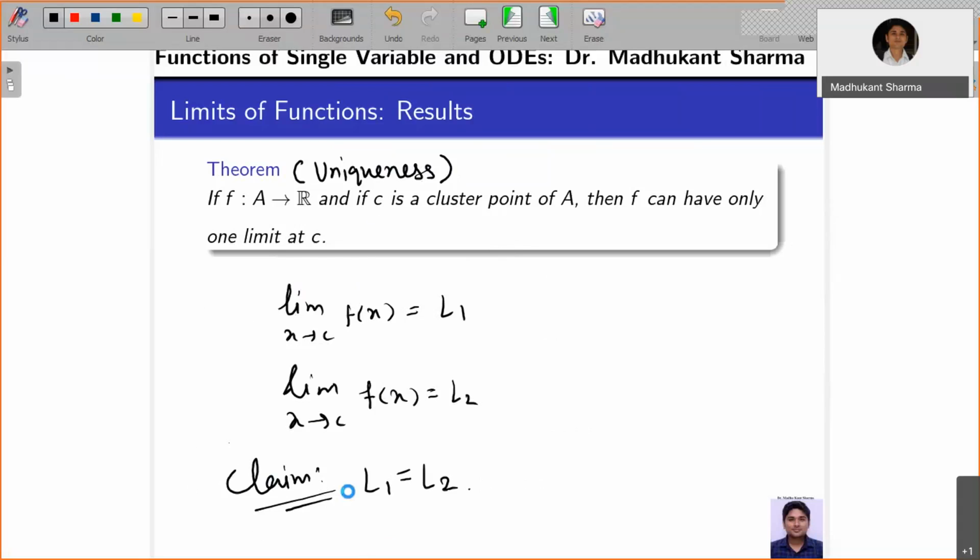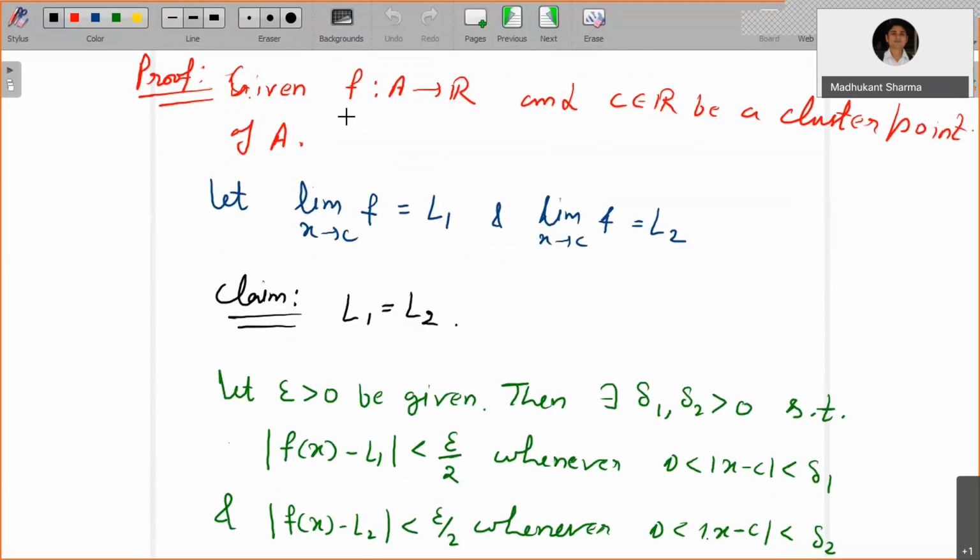So let's prove it. Given f from A to R and c is a cluster point of A, let L1 and L2 be two limits of the function at x equals c. Then we want to claim that L1 is equal to L2. Now we are going to first use the definition of limit. For the first case, limit x tends to c of f equals L1. What does the definition imply?